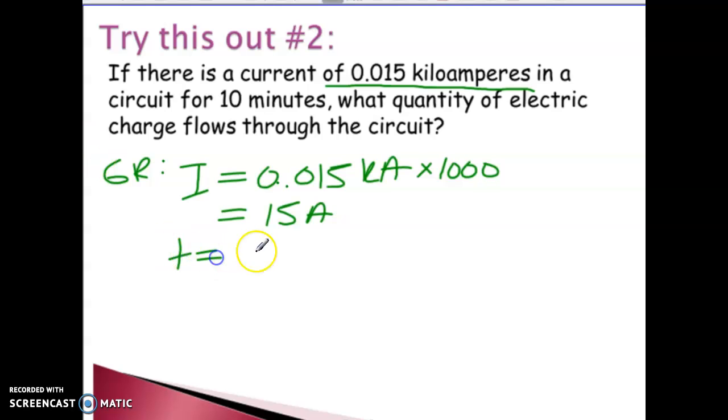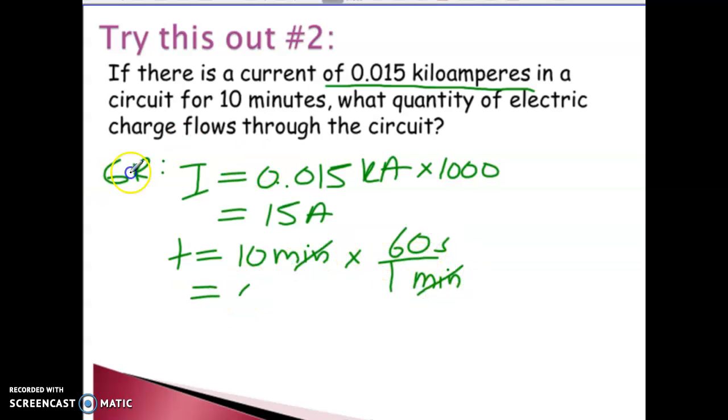And we have time, which is 10 minutes. 60 seconds for every 1 minute, so we have 600 seconds because 10 times 60. We want to know what is the charge that is flowing through. So we're looking for Q.